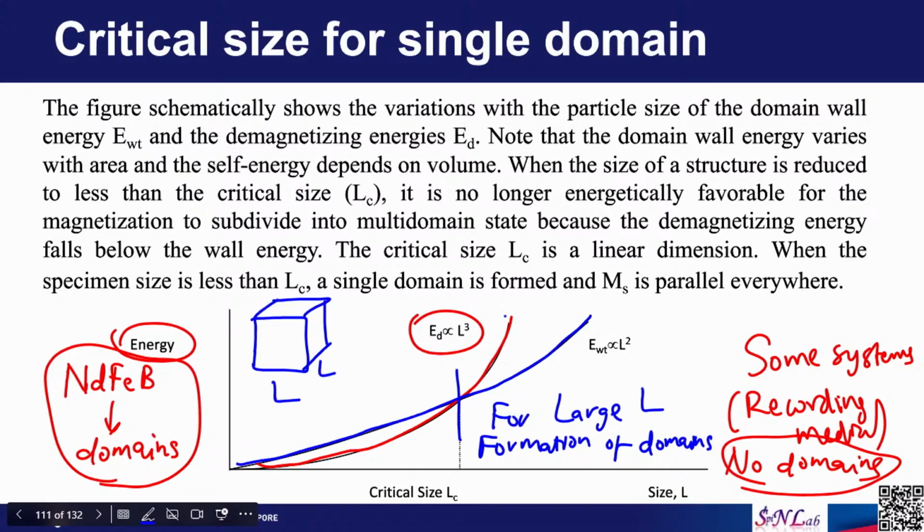On the other hand, if L is small, below a certain critical size, the domain wall energy is more than the magnetostatic energy. In this case no domains will be formed.